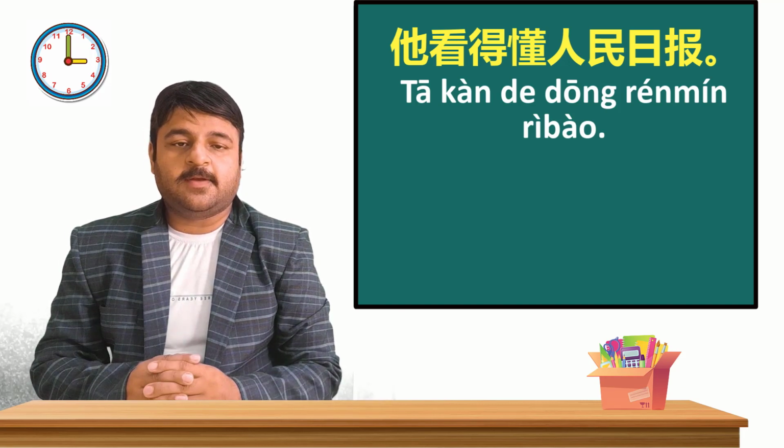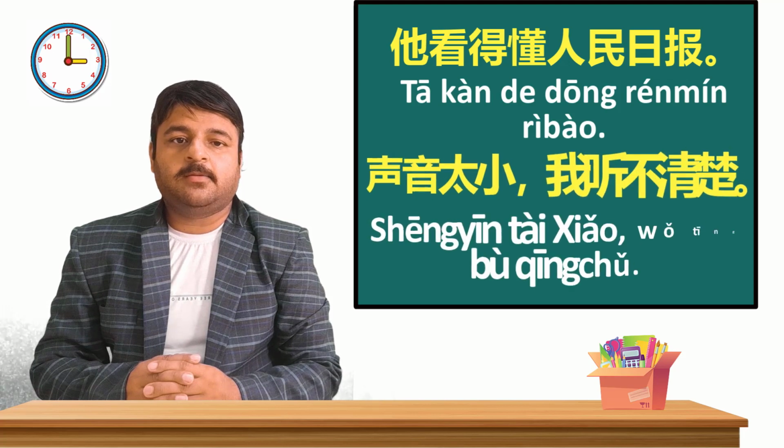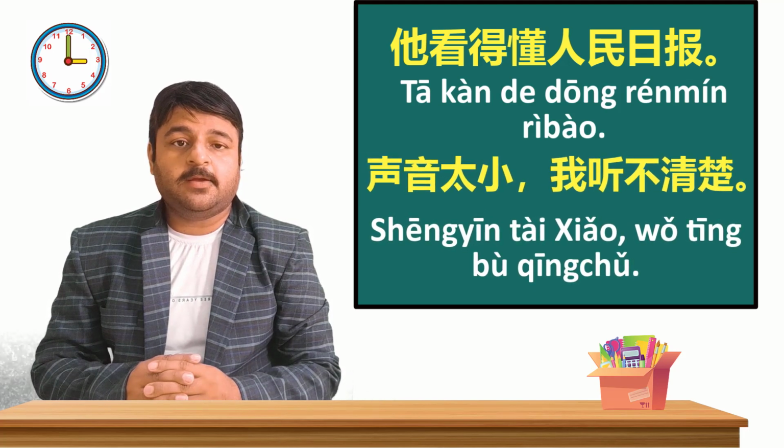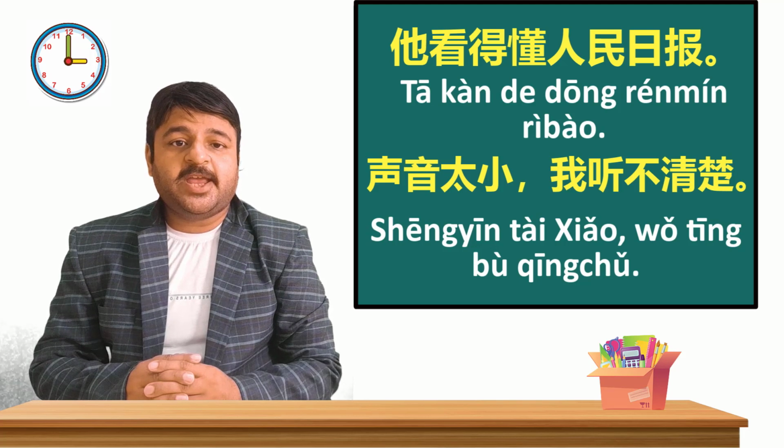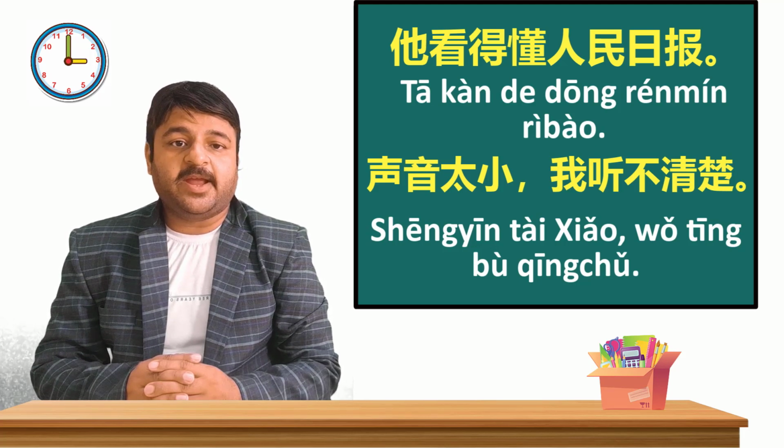Looking at the second sentence, 声音太小. 声音 is voice, 太 very, 小 small, the voice is very small or very low. 我听不清楚. Tīng is to listen, to know or not. 清楚, clear or clearly. The voice is very low, I cannot listen clearly.